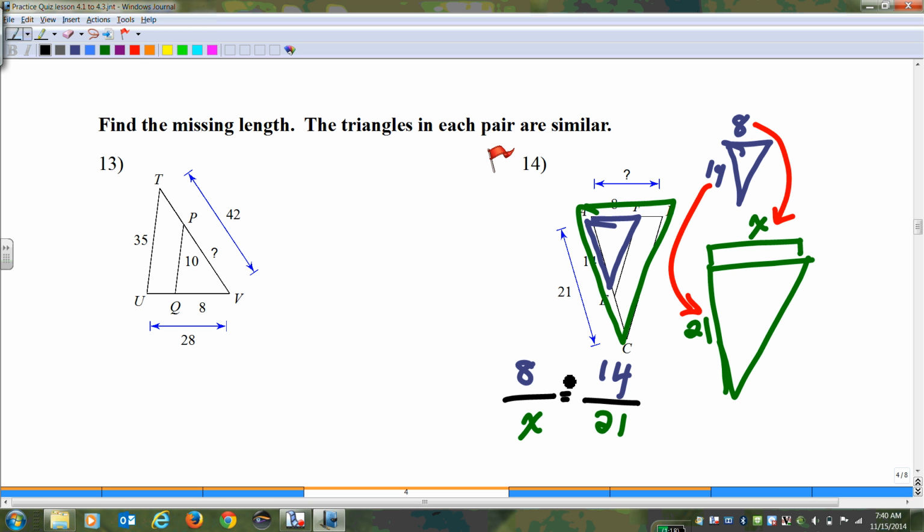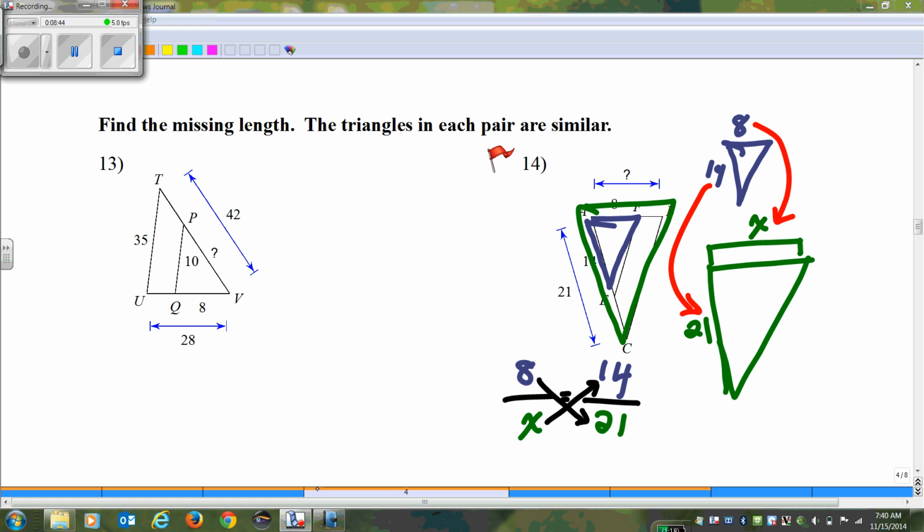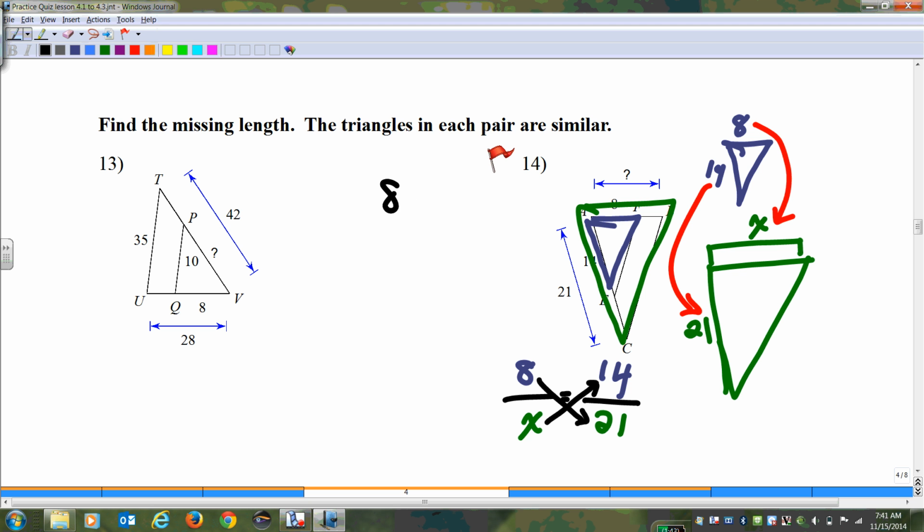And we cross multiply. So we're going to have here 8 times 21. Oh, the times sign does not look like a times sign. Let's try that again. 8 times 21 equals 14x. Remember, the key to multiplying is not actually multiplying.